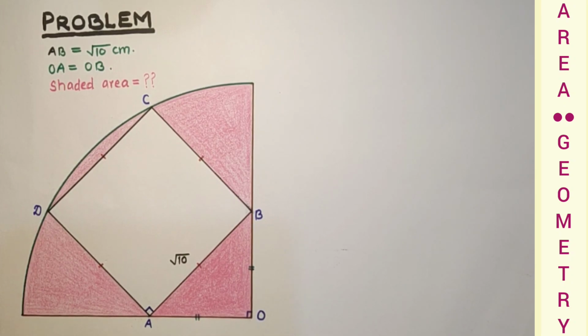It's a moderate question. To get this shaded portion's area, we subtract this square's area from the area of the quadrant, and we are given the side of the square, root 10 centimeter, and area of the square is side square. So area of the square is root 10 square, which is 10.